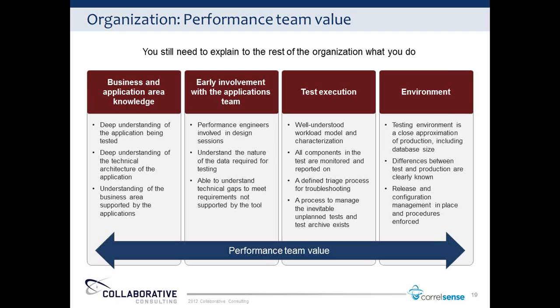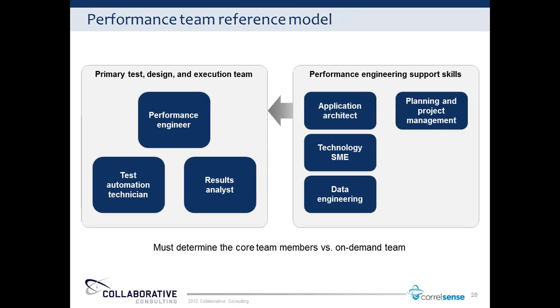And then supporting that is the team reference model and what the performance team looks like. Okay, so this is a reference model where we typically have the core team on the left, the performance engineer leading, and then various levels of support team.